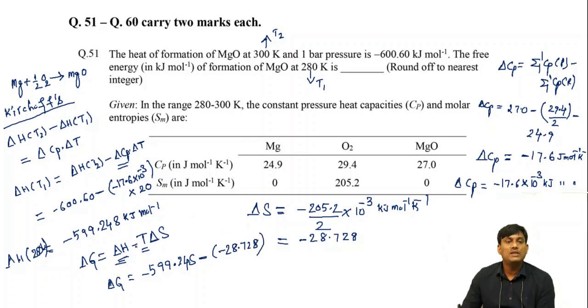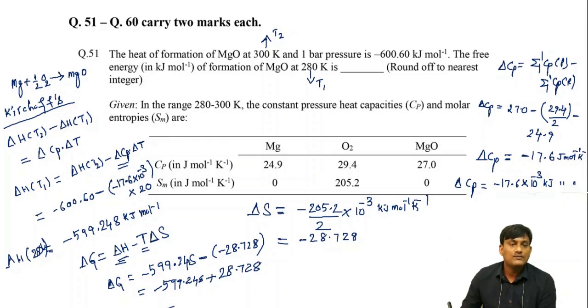When you multiply with the temperature, 280 into minus 205.2 by 2 into 10 to the power of minus 3 will give minus 28.728. So this one is equal to minus 599.248 minus of minus, plus 28.728.